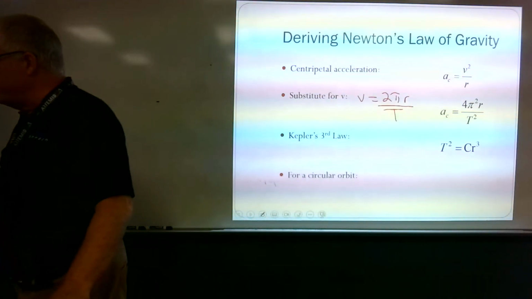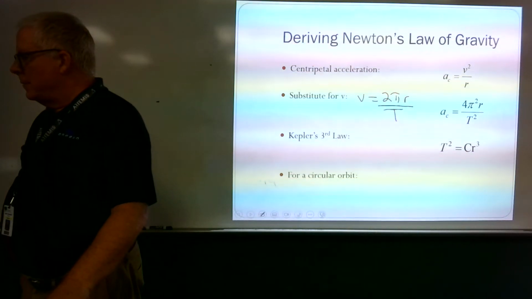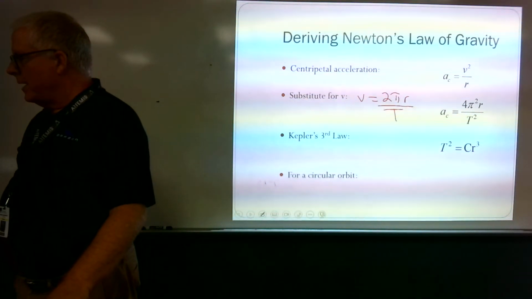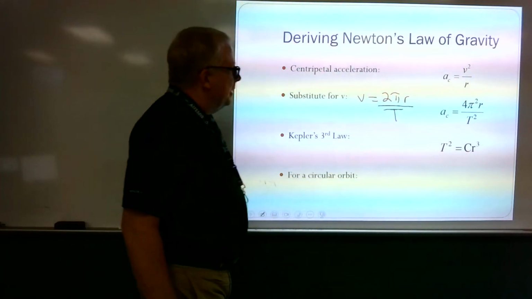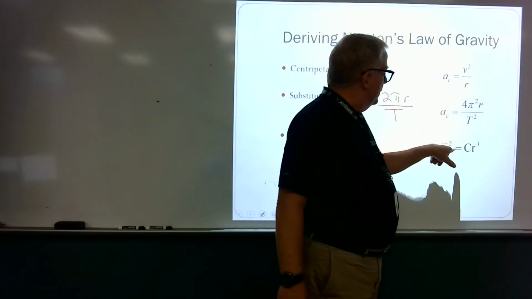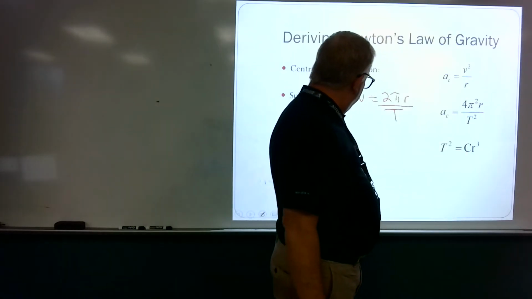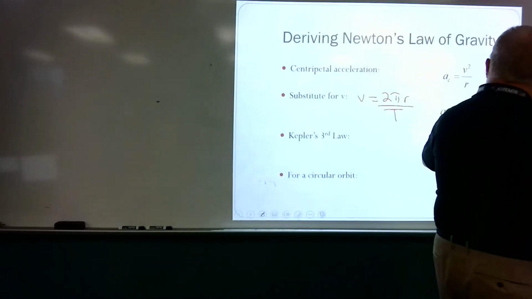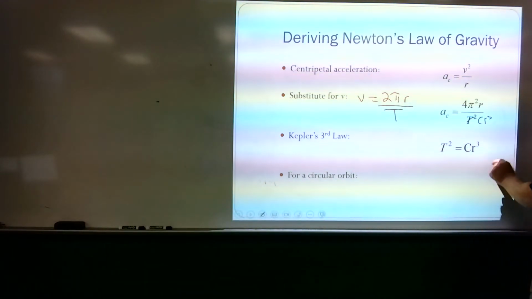Well, in that formula there, we have r, and we have T squared in the denominator. So for T squared, let us plug in cr cubed down here. And so that's going to give us T squared, we're going to say instead cr cubed.